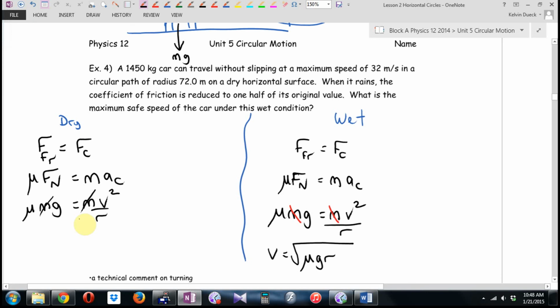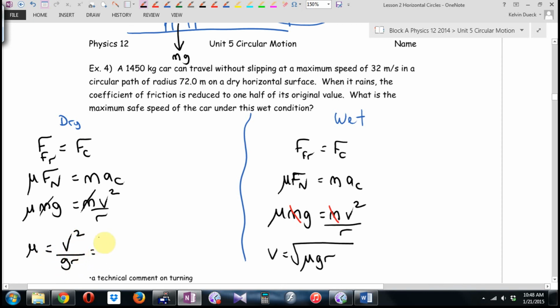Could I find mu here? Do I know v? Do I know r? Okay. Mu is going to be v squared over g r.